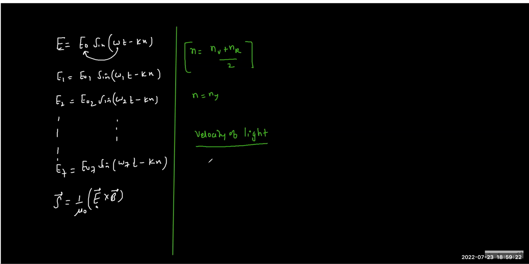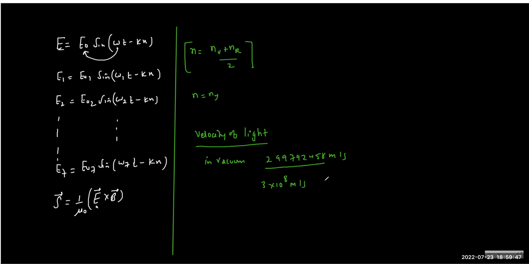So what is the velocity of light in vacuum? C. It is 299,792,458 meter per second, right? Yes. So this is roughly written as 3 into 10 power 8 meter per second.